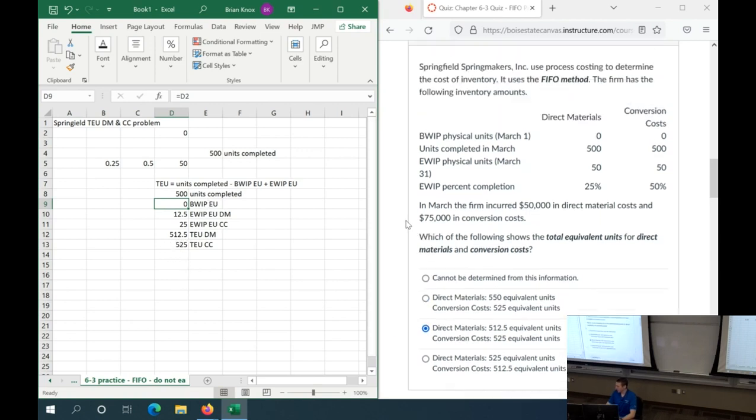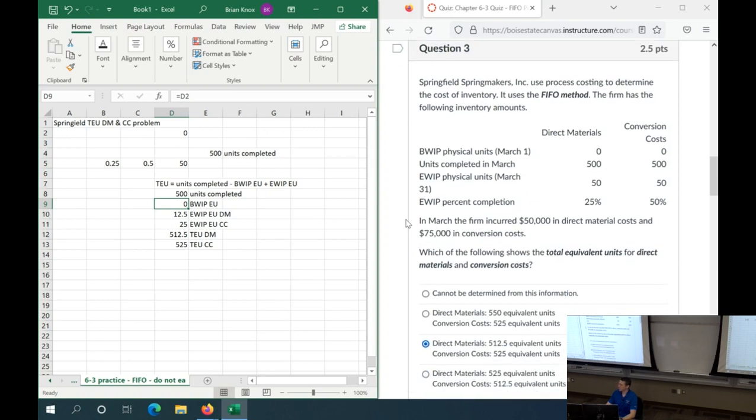In fact, I think when I brought this one over from the template of this problem that was in 6-1, I thought that very thought. I'm like, I'm going to put FIFO method. I'm going to leave the answer the same because it will be the same because there are no beginning WIP costs. Yeah, go ahead. So if it were to have a number for beginning WIP, how would we calculate it?